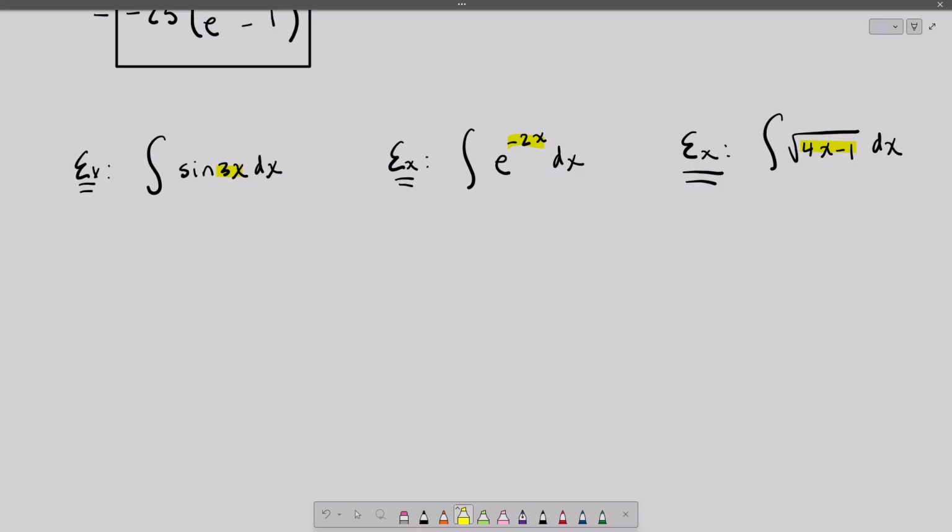There's no quadratic. Inside here is linear, up here is linear, inside there is linear. So that makes them candidates for RCR. If your substitution is linear, we just integrate as normal and then divide instead of multiply by the derivative of whatever it is, the angle, the exponent, or the inside.